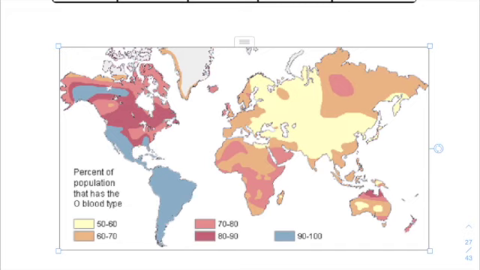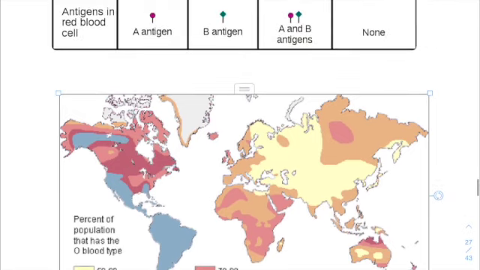If there's any mixing of blood, there's no reaction to that blood. So it can spread through a population pretty quickly because it's an efficient mutation for keeping a group alive. The antigens don't really impact the individual, but they do benefit the group.